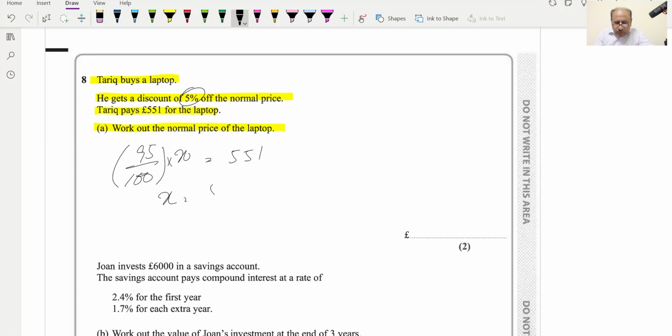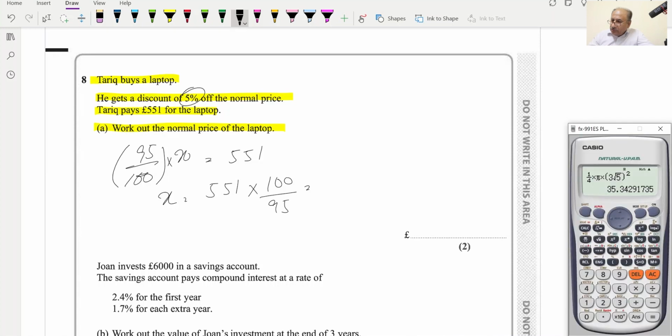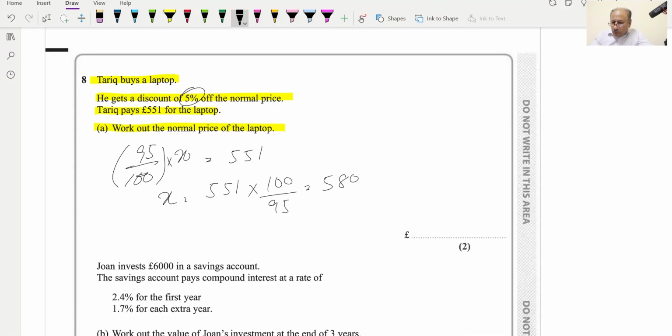So X is equal to 551 multiplied by 100 over 95, and this is equal to 580. So pound 580 is the answer for this 2-mark question.